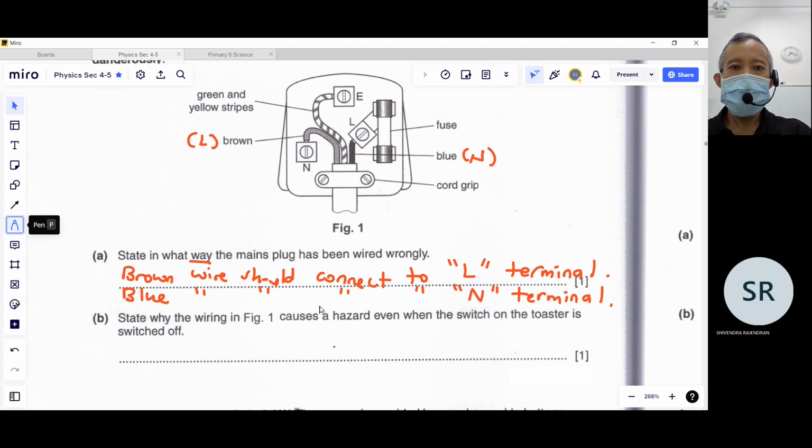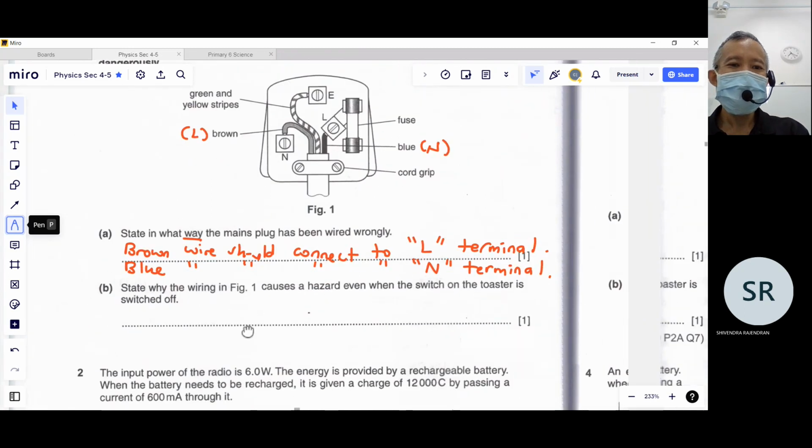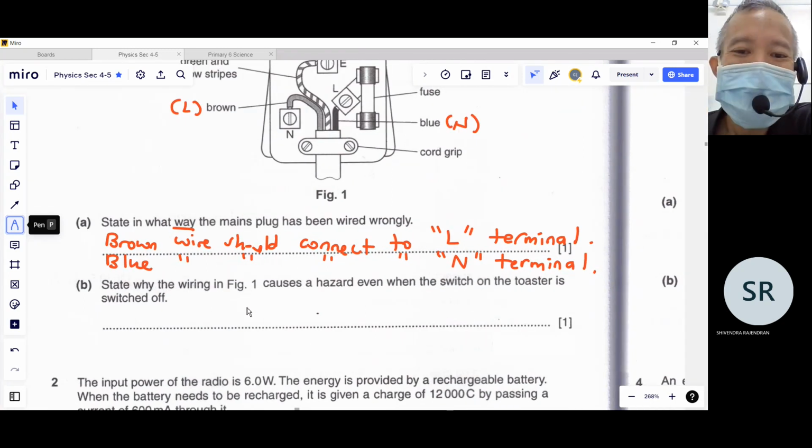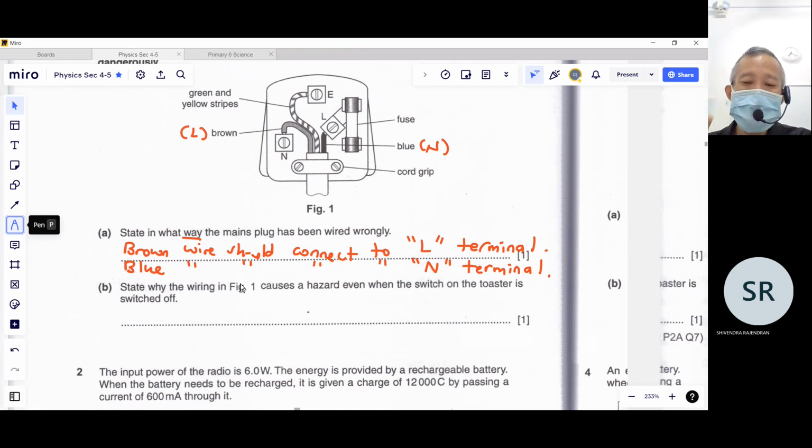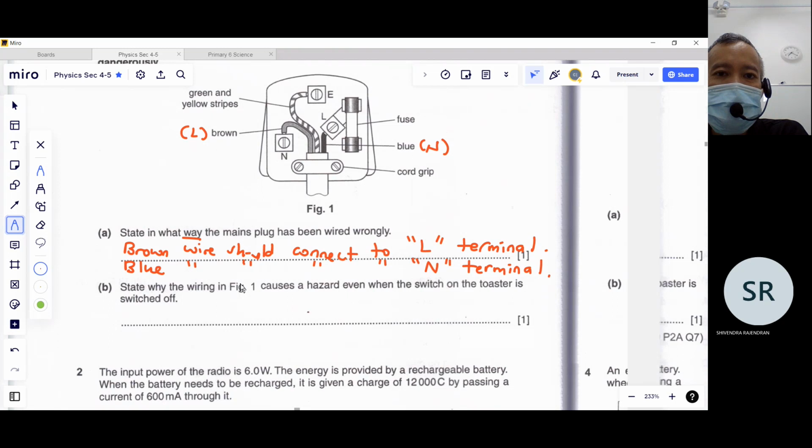Now, why can it cause a hazard even when the switch on the toaster is switched off? Why? How do you answer this? Okay, this is a model answer. Remember, even though they didn't show the switch here, typically the switch is on the L side, right?